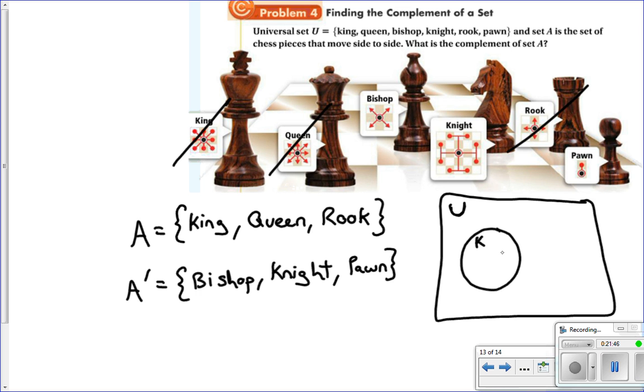I'm going to label them with the first letter. King, queen, rook. Right, it's KI for king. And then everything that's not is the bishop, the knight, and the pawn. Okay, so this is chess pieces.